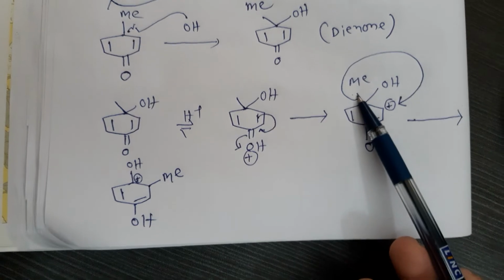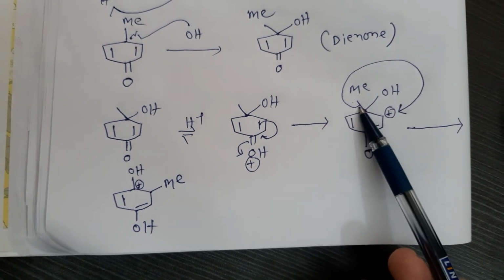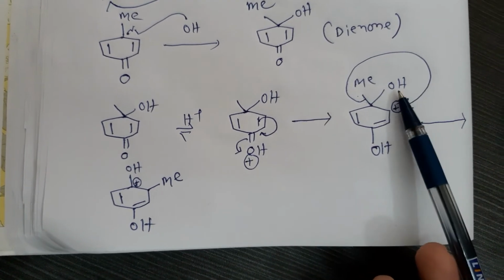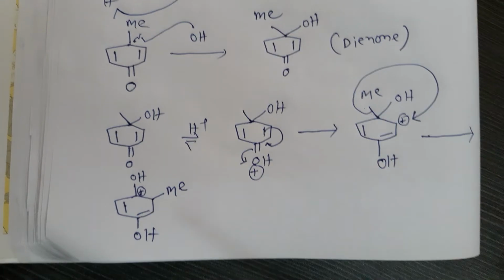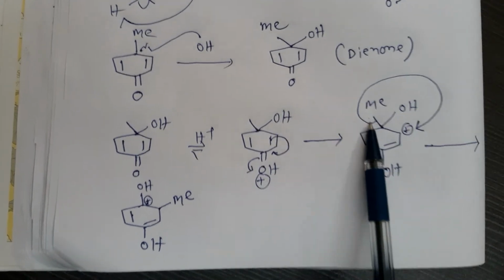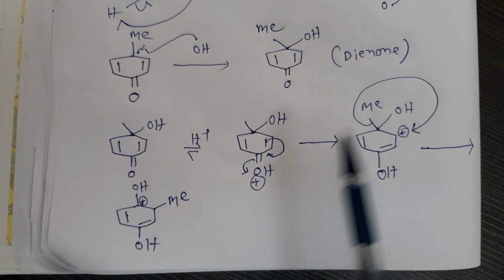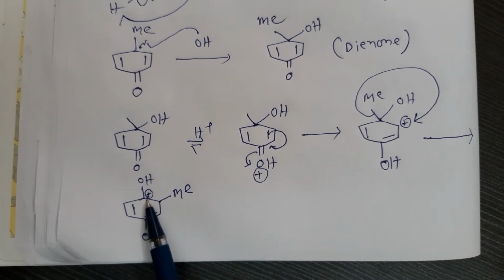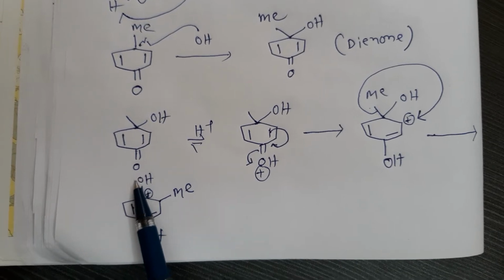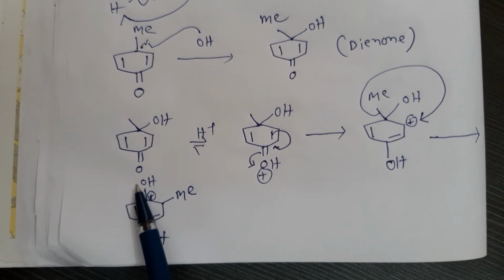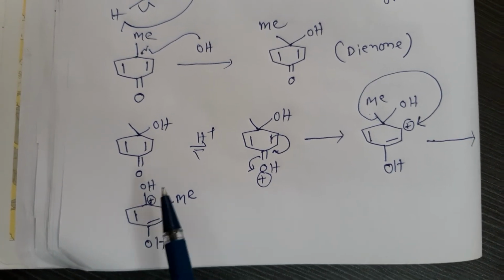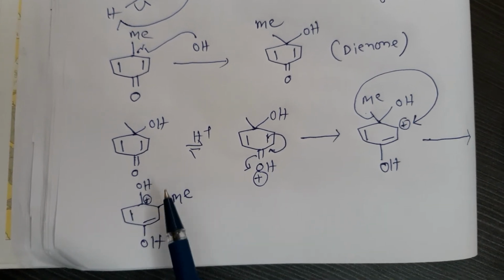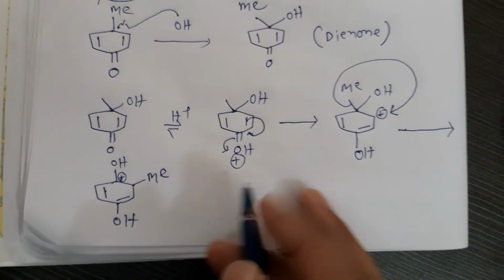Why is the methyl group migrated here rather than the OH group? Because after migration of the methyl group, the carbocation which is formed is stabilized by the adjacent lone pair on the oxygen atom. That's why this carbocation is most stable, and that's why the methyl group is migrating.